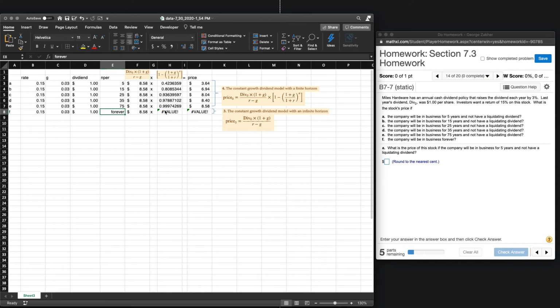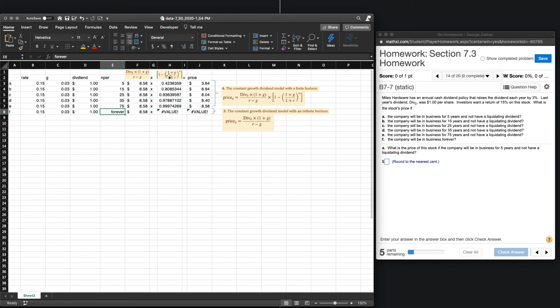If R is greater than G, then the denominator will always be bigger than the numerator, and when we raise that to a power, the number gets really, really small the more periods there are. So 1 minus something really, really small gets to the point where it's just 1 minus nothing, which just means it's times 1.